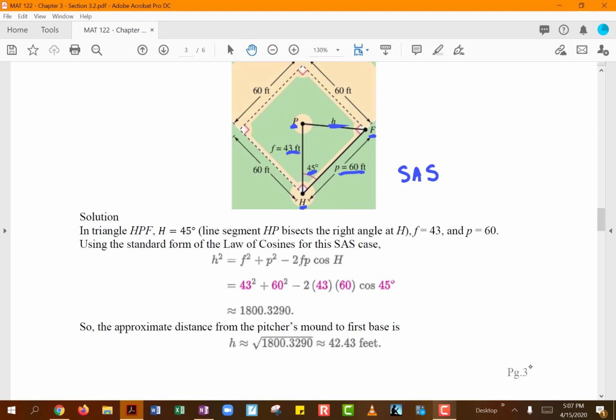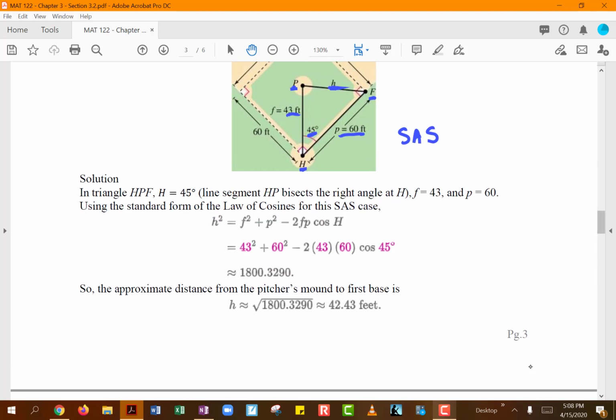And we are trying to find this third side, which is distance H. So we're basically using the formula for the standard form of law of cosines, where you have H squared equals F squared plus P squared minus 2PF multiplied by cosine of H. And you know, the easiest way to remember these formulas is if you are trying to find side H, then you will have angle H over here, and then these two are going to be the other two sides. So F and P, F and P. So that's kind of how these law of cosine formulas are set up.